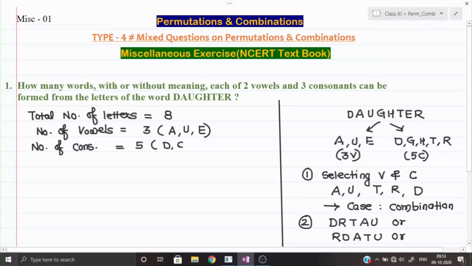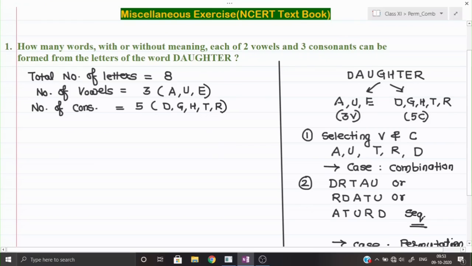D, G, H, T and R. Now first, see part number 1: we are selecting 2 vowels and 3 consonants. So since we need to select 2 vowels and 3 consonants initially.